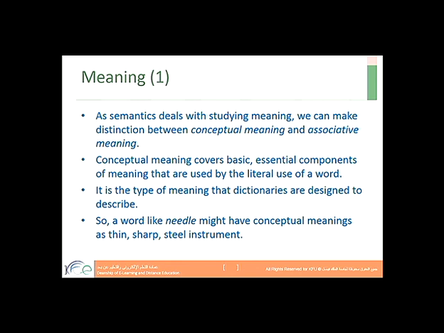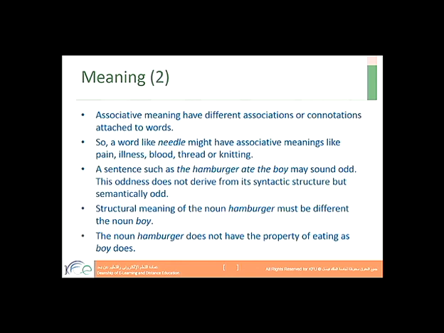Unlike the second type of semantics, which is associative. Associative meaning or associative semantics have different associations or connotations attached to words. So for example, a word such as needle might have associative meanings like pain, illness, blood, thread, or netting, which is hard to be seen. Those meanings are abstract rather than touchable or seen or observable meanings.